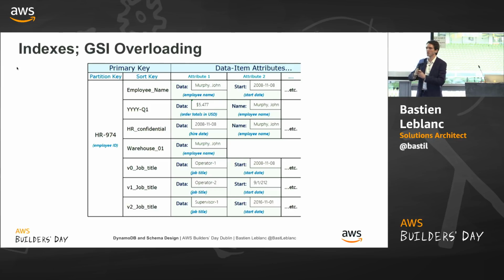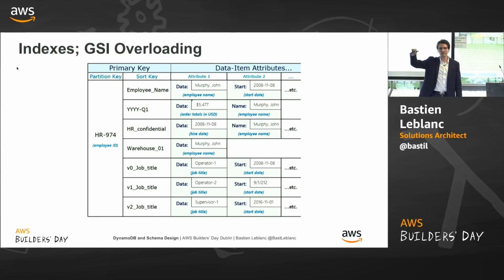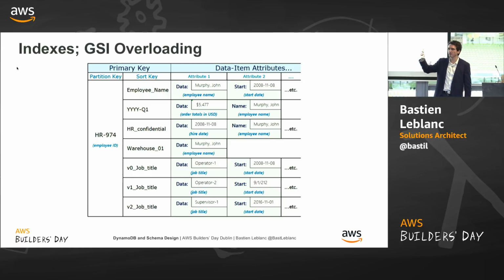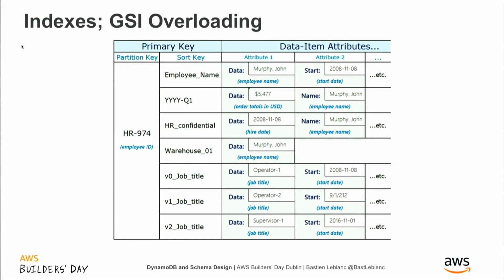So if I want to search for an employee named Murphy, I can do a query on only the employee name global secondary index partition. And this way I reduced a lot the throughput I need because I only queried on employee name. And that can also be very efficient if you have very sparse attributes like this.